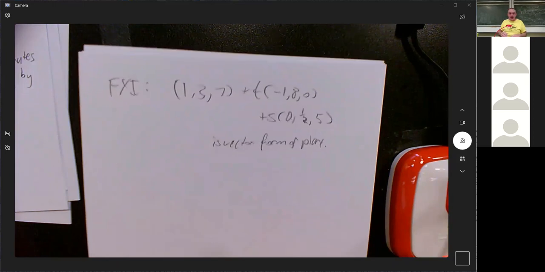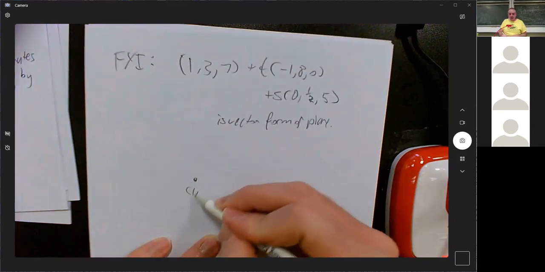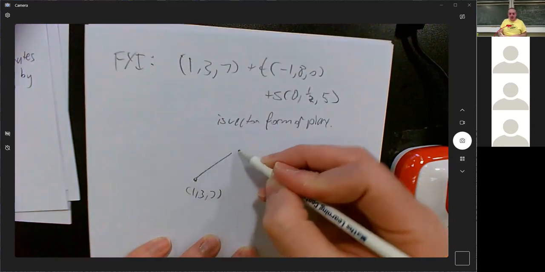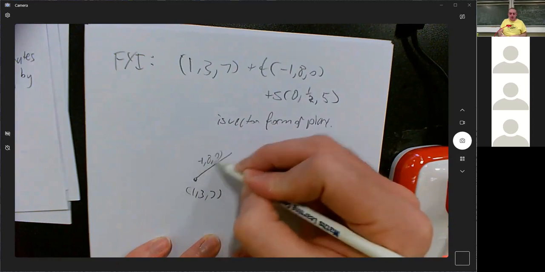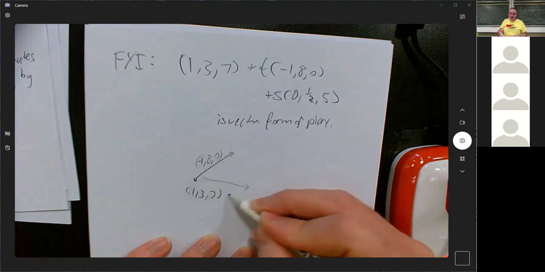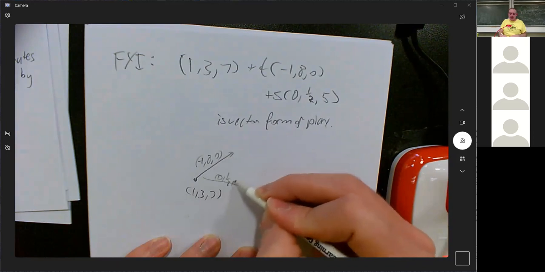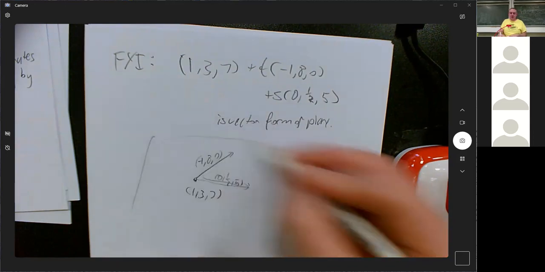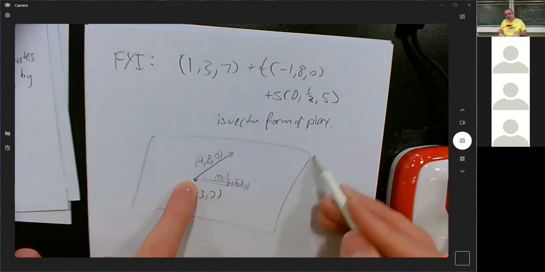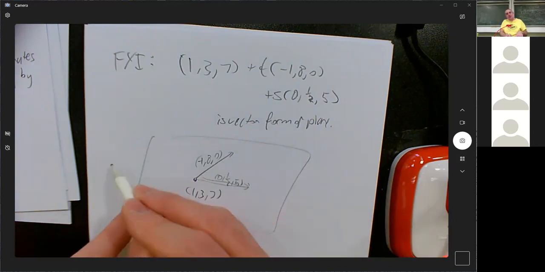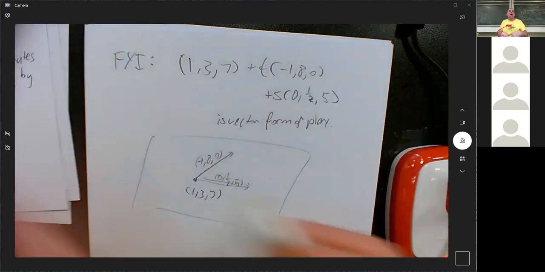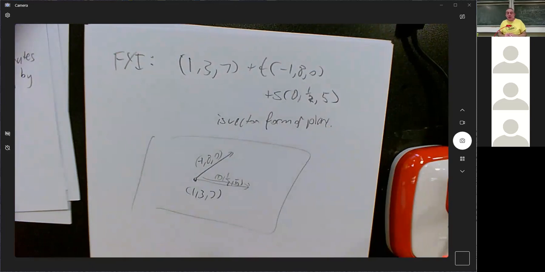And this would be thinking about going, here's a point 137, and I could go minus 180 in that direction and 0.5, 5 in that direction. And to get to every point on this plane, I would go some of this and some of this, or minus 1 of this and some of this, and that would mark out coordinate axes inside the plane, which is really cool. And it's one of the first things that happens in Maths 1A.